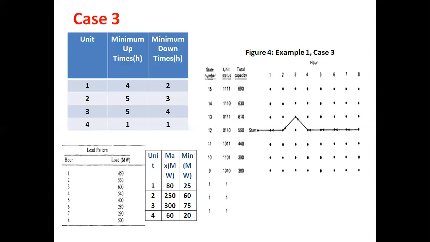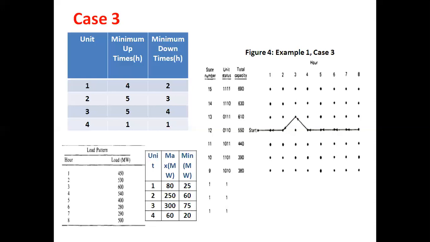Again, the concept of minimum downtime is there. Minimum downtime for unit 4 is 1, so we can easily take unit 4 offline. That is why unit 4 is used, because both its minimum uptime and minimum downtime are 1 hour.